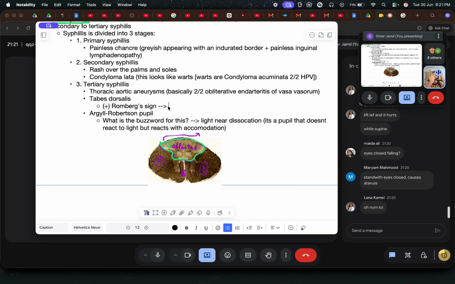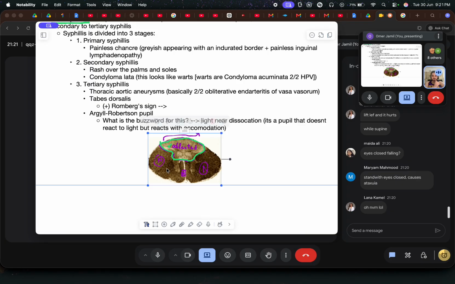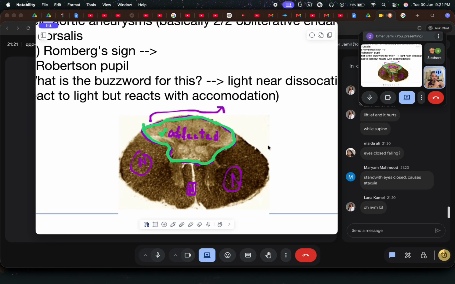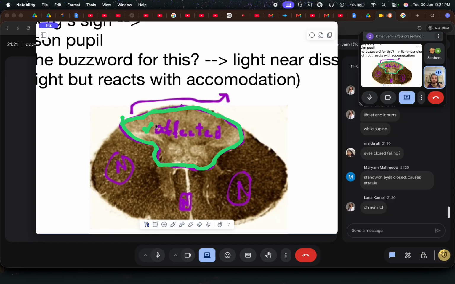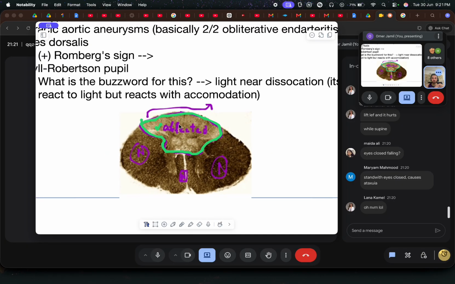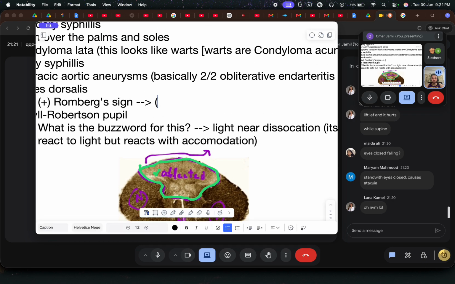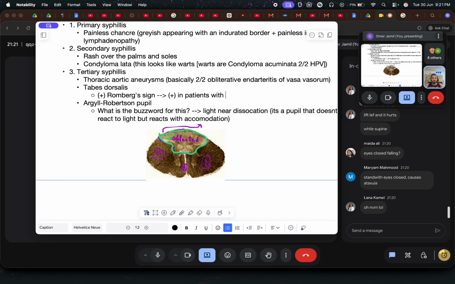But if he's standing like this and I tell him to close his eyes and he falls backward, this is a positive Romberg sign, and the cause of ataxia is the dorsal column, just like in patients with tertiary syphilis. This is the area where the dorsal lemniscus passes upwards, so you have demyelination here. It's going to be positive in patients with dorsal column demyelination.